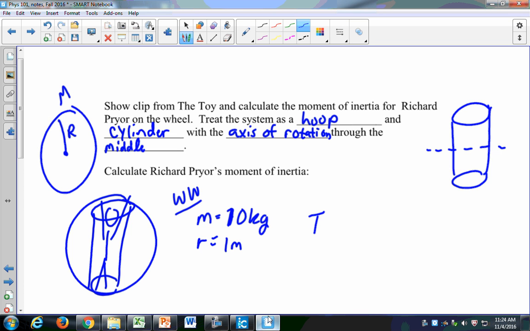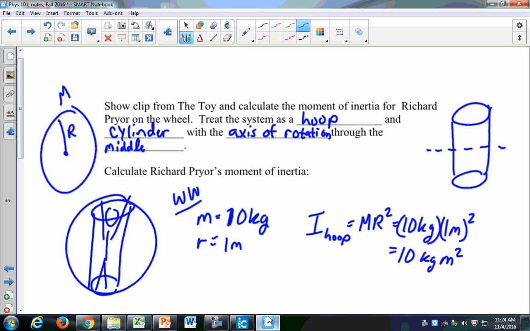And then for the moment of inertia of the hoop, I look on that table, and I find that it's equal to mr squared. That's going to be 10 kilograms times 1 meter squared. And so the wonder wheel has a moment of inertia of 10 kilogram meters squared.